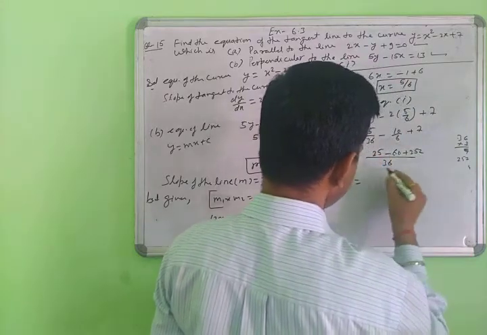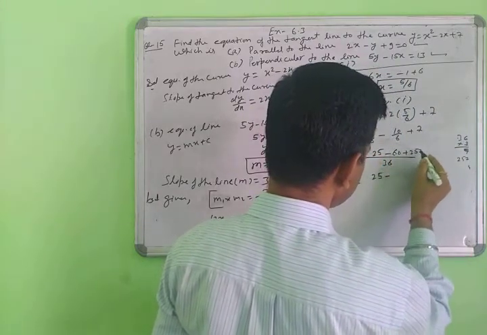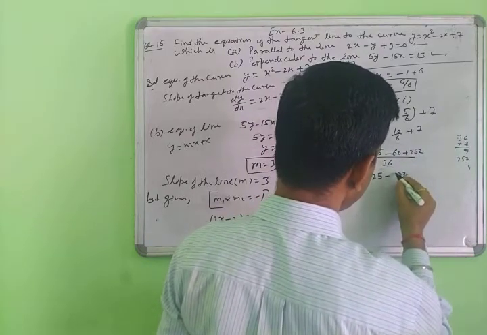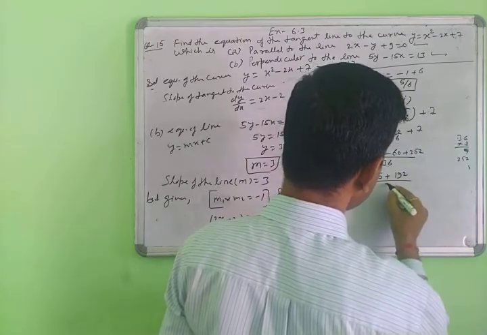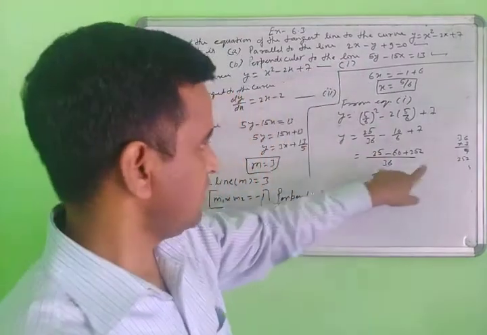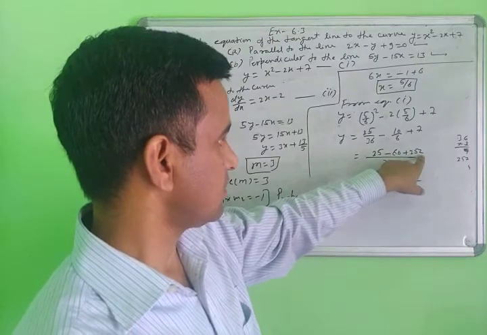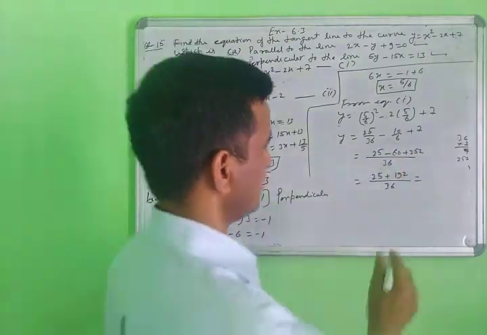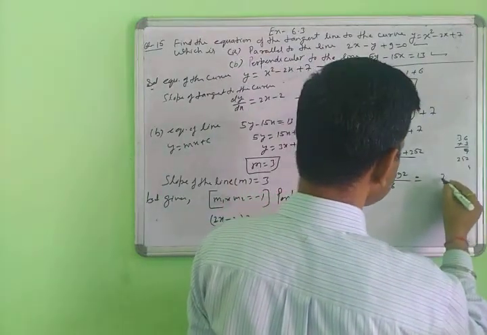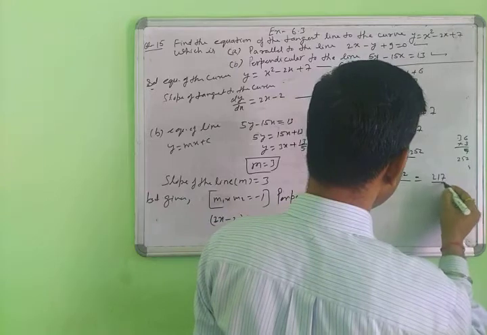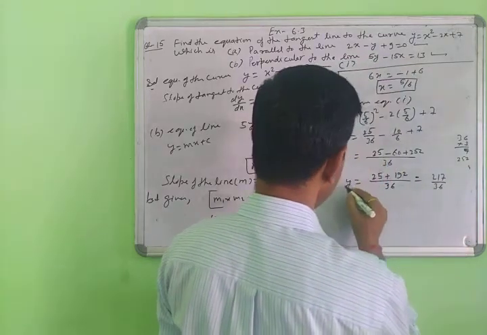Next, you subtract here 25 minus 60, then add 252, giving 217 upon 36. This is the value of y.